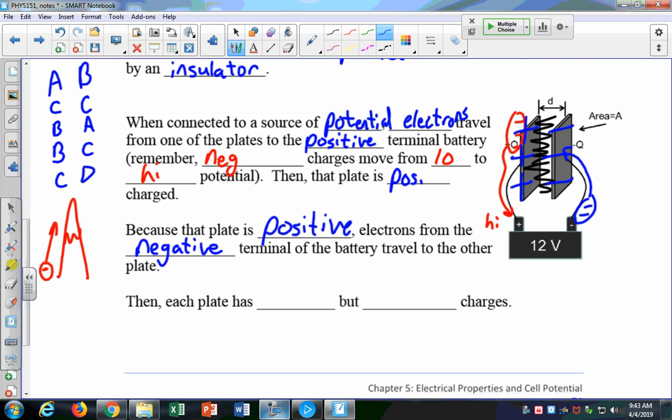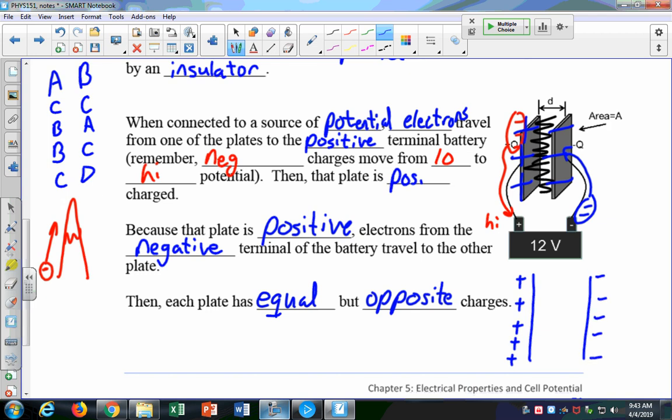Then each plate has equal but opposite charges. I'll have one plate over here with, say, 5 positive charges, and one plate over here with, say, 5 negative charges.